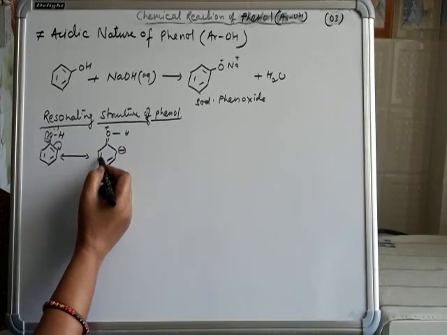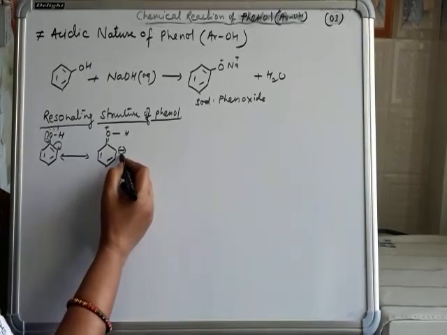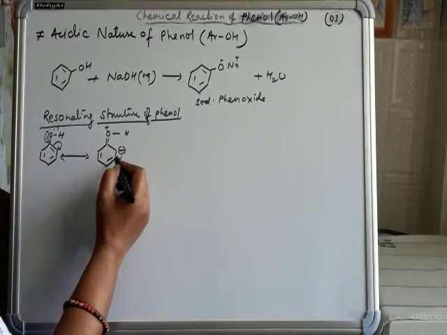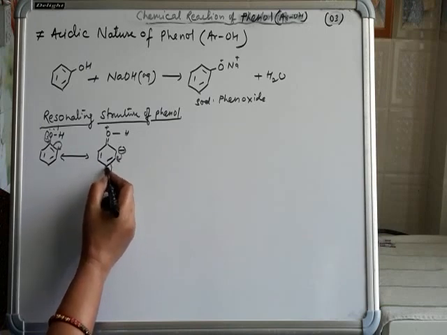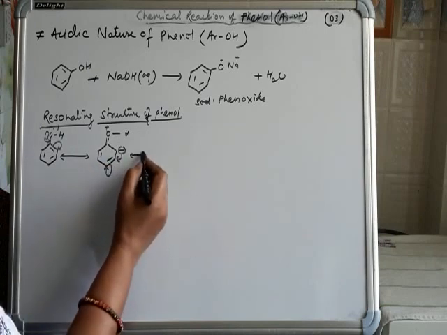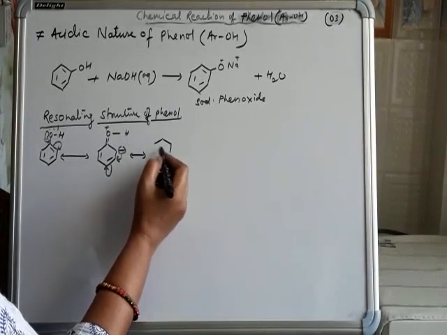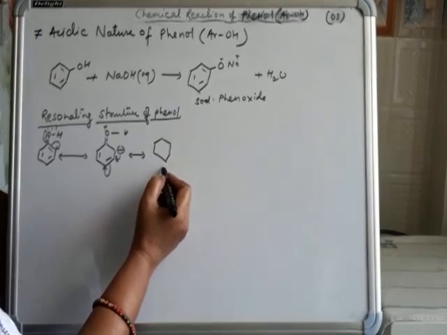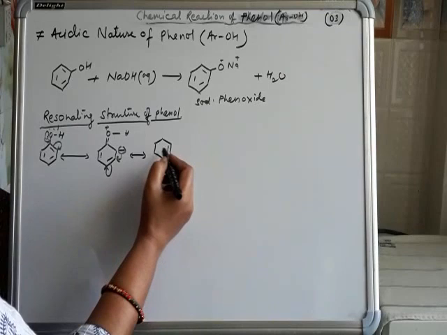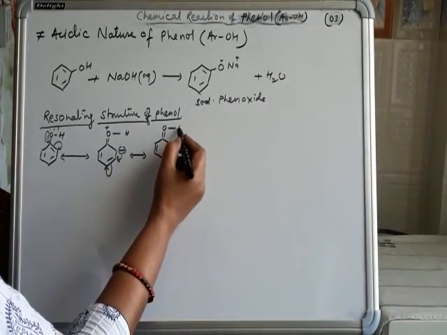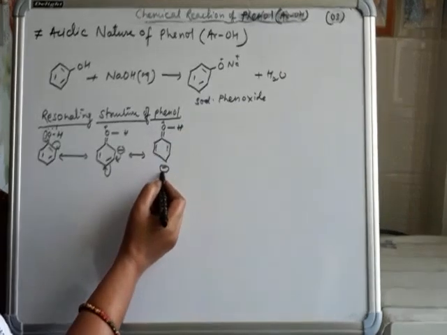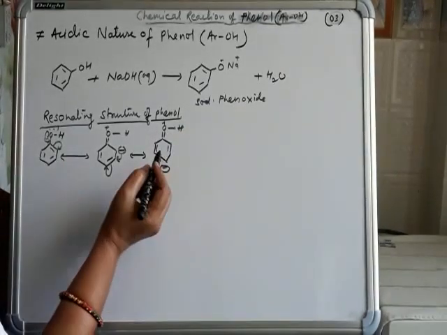Now this electron comes between this position and here the para position acquires negative charge. When the electron moves here, this electron moves here.